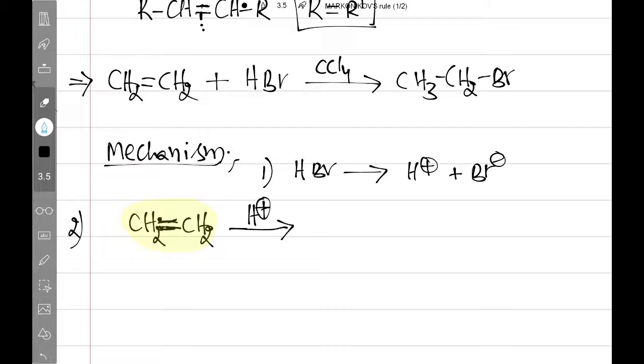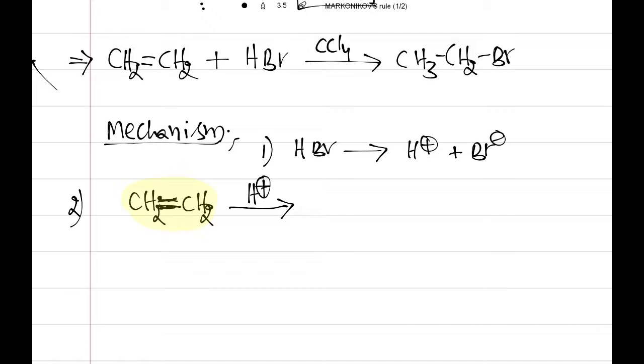We have two possibilities here. H plus may be attached to the A carbon, or H plus may be attached to the B carbon. If H plus attaches to the A carbon, the B carbon becomes positive. If H plus attacks the B carbon, the A carbon becomes positive. You should remember this point. Now I am writing the two conditions.